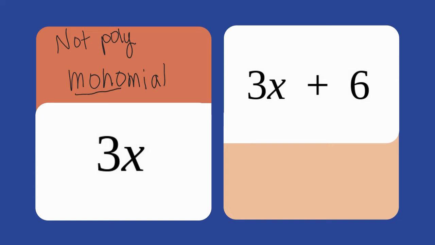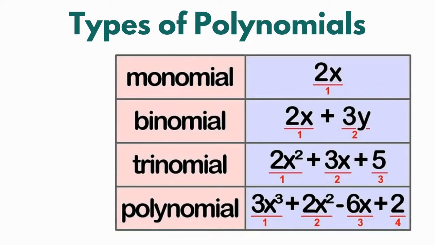And this example over here on the right is a polynomial because it has more than one term. And actually, our example from the previous slide is a specific type of polynomial called a binomial.